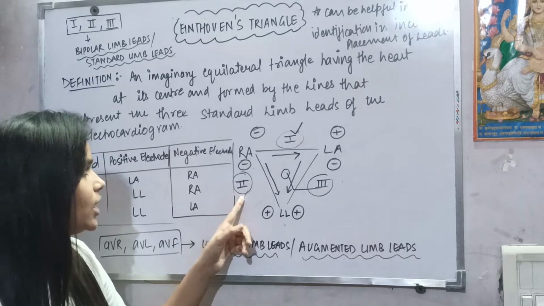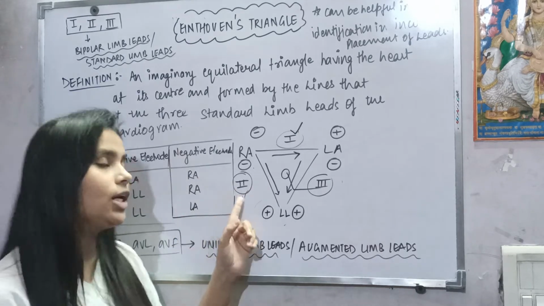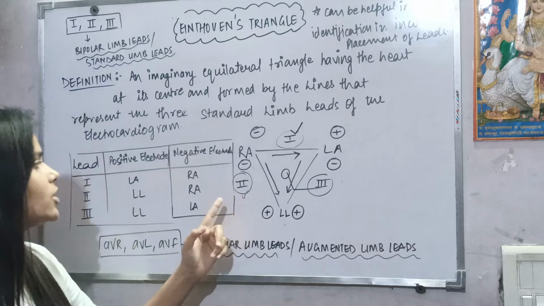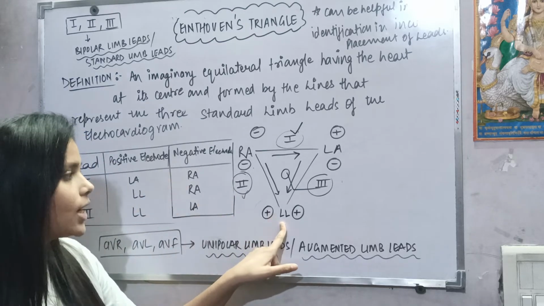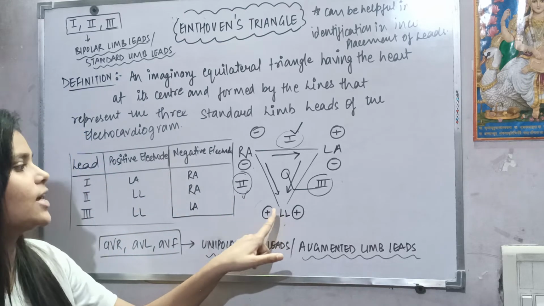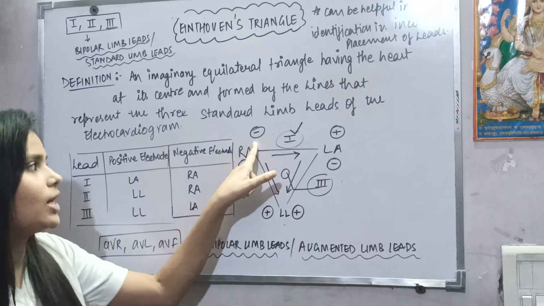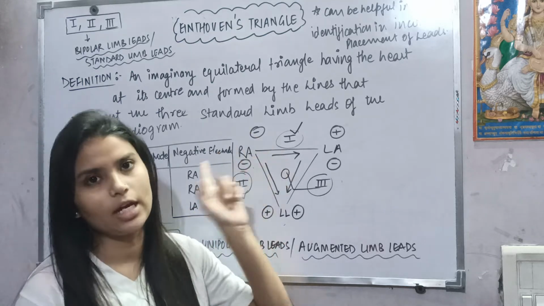Similarly, the second lead represents the voltage difference between the left leg electrode, which is considered positive, and the right arm electrode, which is considered the negative pole.